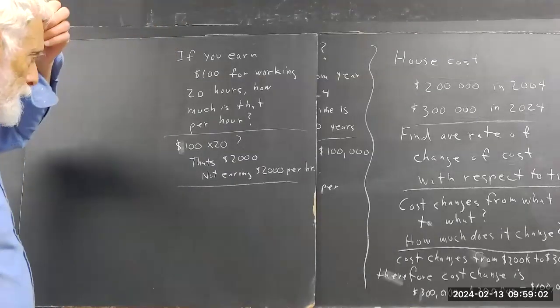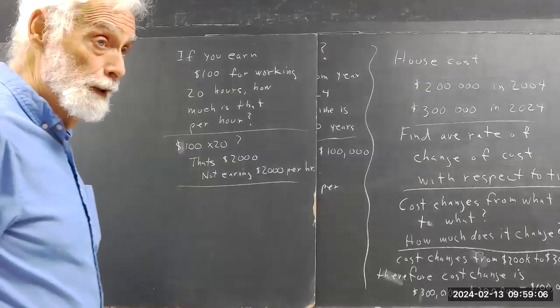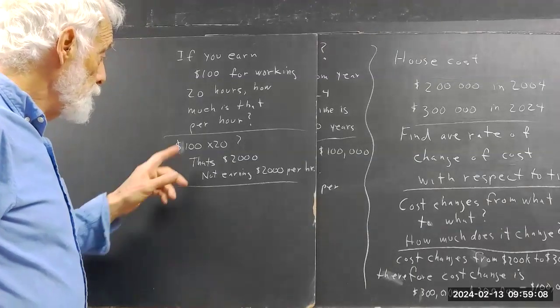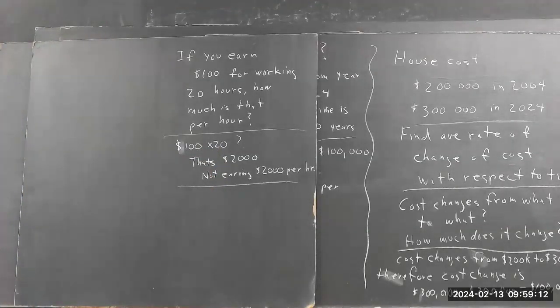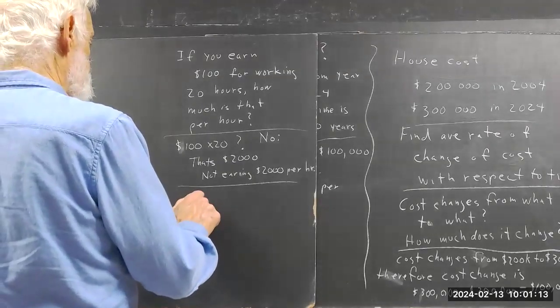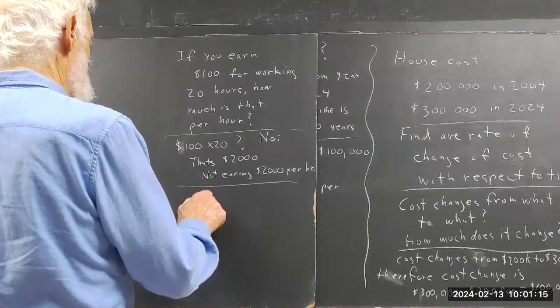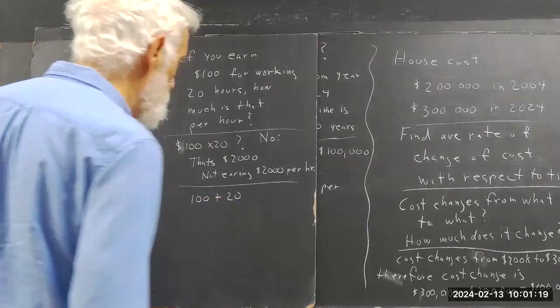But you know, the good thing is that there's a calculation that goes with it, but that's not the right calculation. What other calculation could you do with $100 and 20 hours, or with the numbers 100 and 20? Okay, now another possibility is $100 plus 20.